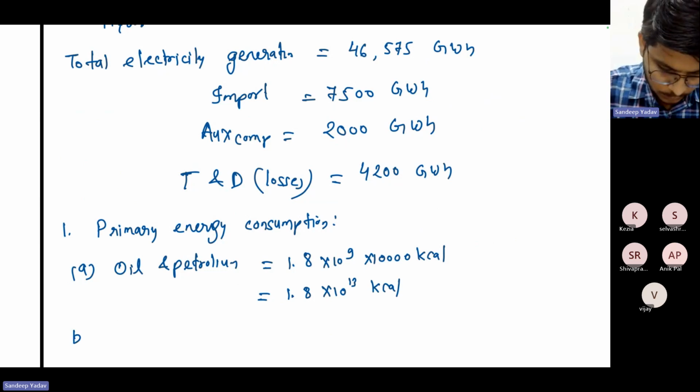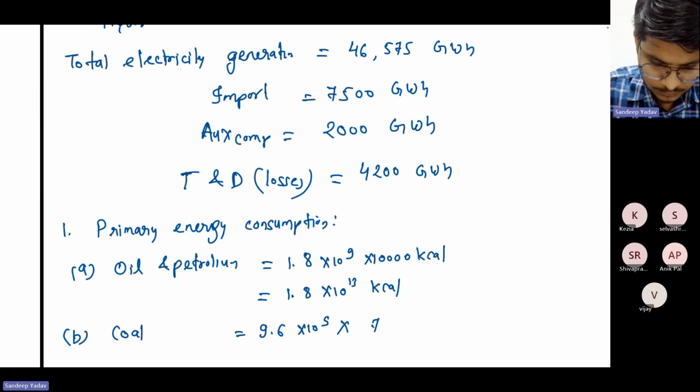Second is coal. Coal is 9.6 into 10 raised to power 9. What is the calorific value? 7000 is given. So you can calculate here 3.92 into 10 raised to power 13 kilocalorie.